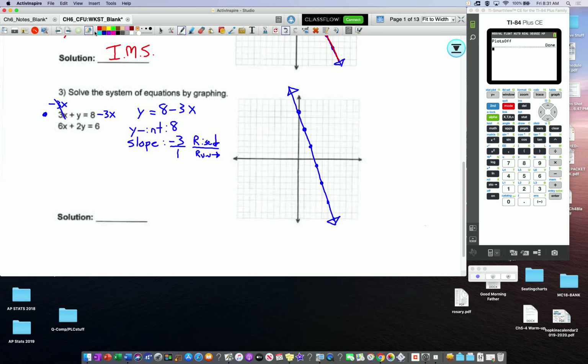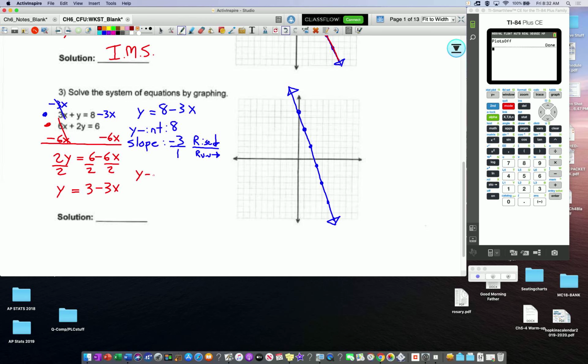All right, graphing the second one. Ooh, a little more algebra to do on this one. I'm going to subtract 6x, so I have 2y equals 6 minus 6x. Divide everything by 2, so I get y equals 3 minus 3x.